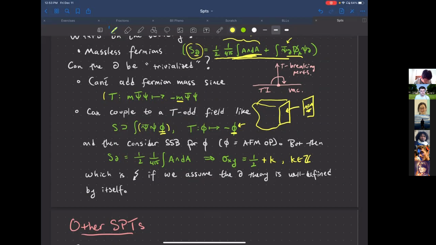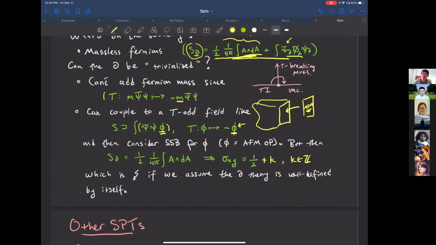So the claim is that the correct way to do the regularization is that you are allowed to spontaneously break time reversal symmetry, but you're not allowed to explicitly break time reversal symmetry.